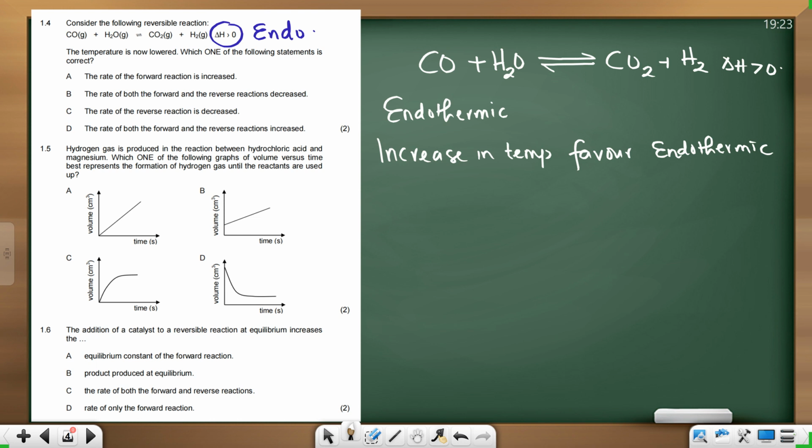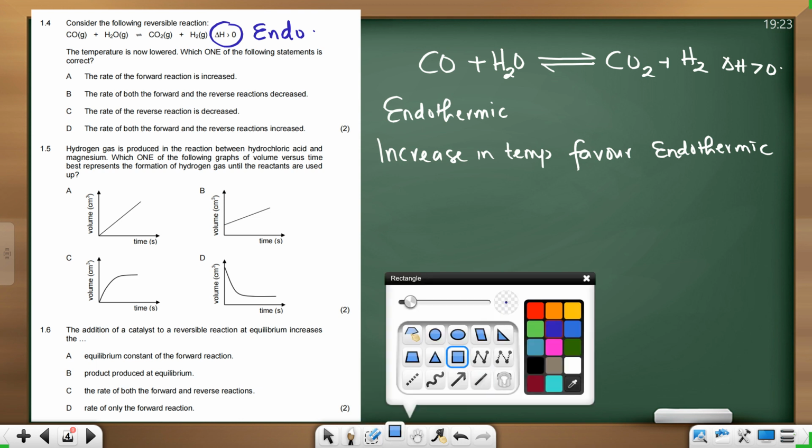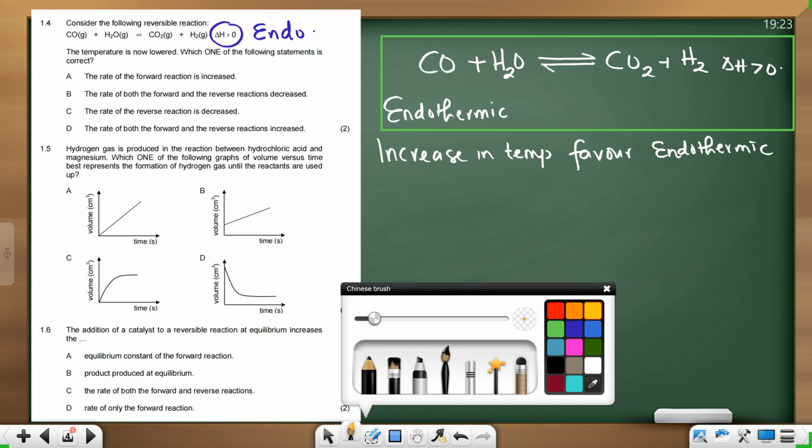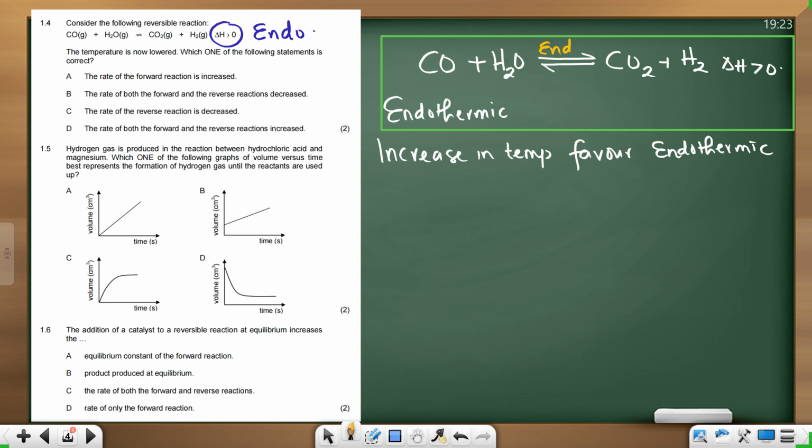endo. Now, if we are given this whole reaction, you see, I'm not even looking at the multiple choice yet. I'm just trying to quickly see, what do I understand here? It means, guys, the top here is endo. That's what it means because of that enthalpy is greater than 0. Oh, it means the reverse would be what? Exo.